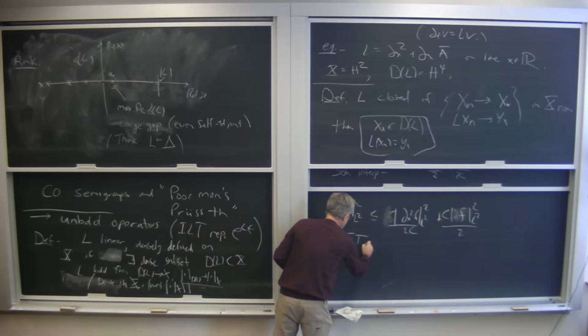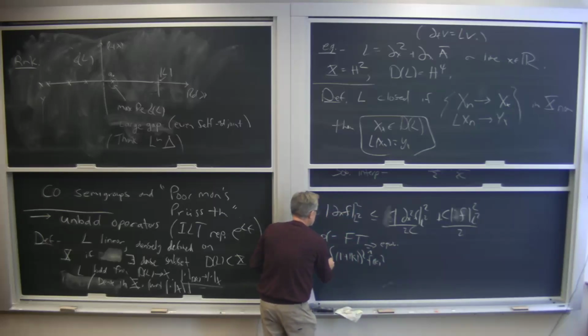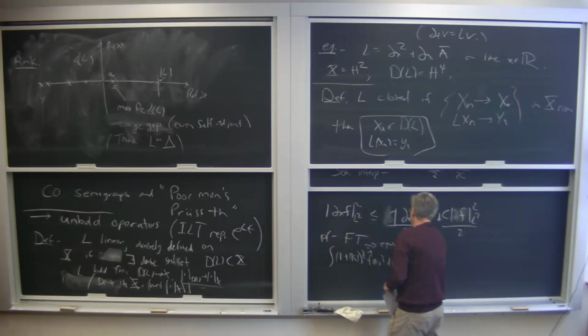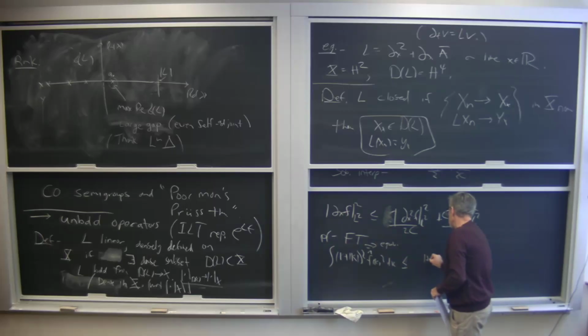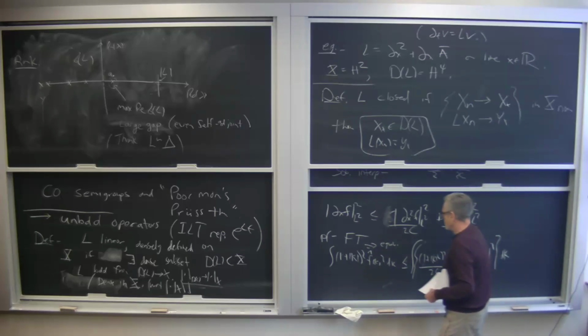And so it's equivalent to say that the integral of 1 plus k squared times f hat of k squared dk is less than or equal to the integral of 1 plus k squared squared times f hat squared, plus f squared over c. Okay.